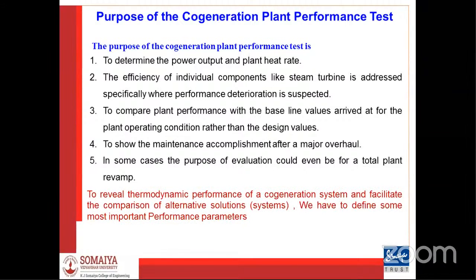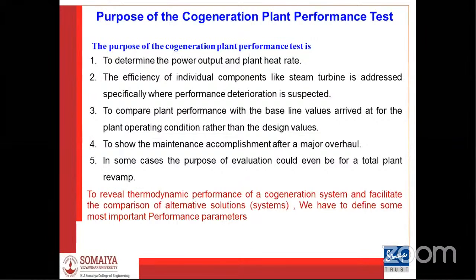To reveal the thermodynamic performance of all these systems, because once you are testing, you are analyzing the thermodynamic performance of the systems, and to facilitate the comparison of alternative solutions. That means before suggesting that this is the problem and this needs to be done, we have to define some performance parameters on which basis we can say this is not working properly.